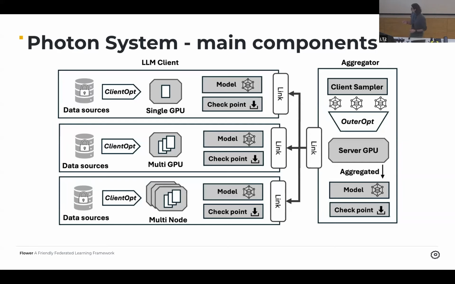They do some local checkpointing in order to be more robust to faults, dropouts and all the problems I mentioned before. And most importantly, they are the connection to the data sources, which can also be decoupled from the clients in our system design. These can be private, they can be public. We allow for a lot of flexibility.